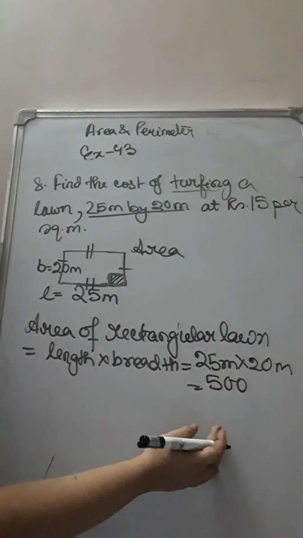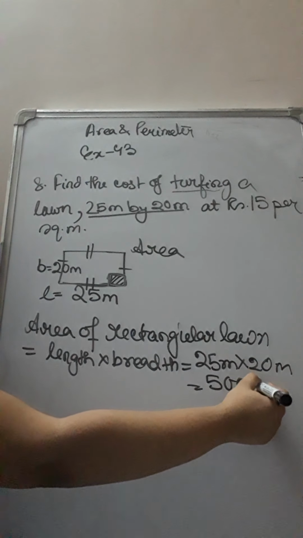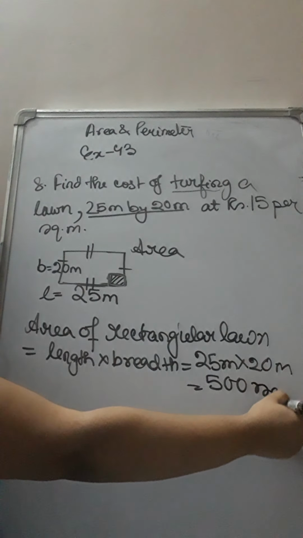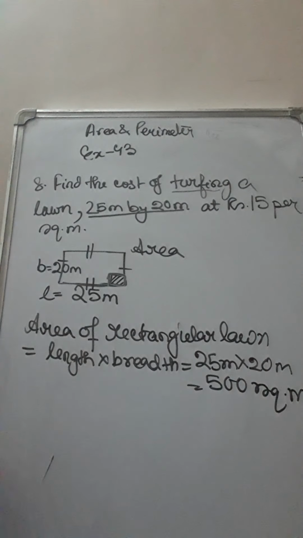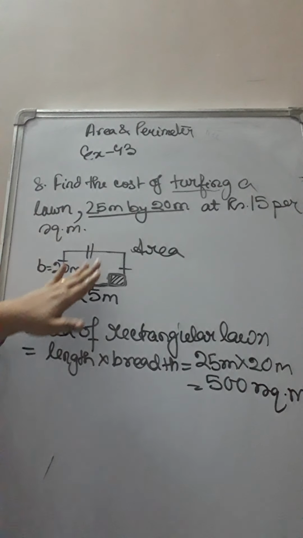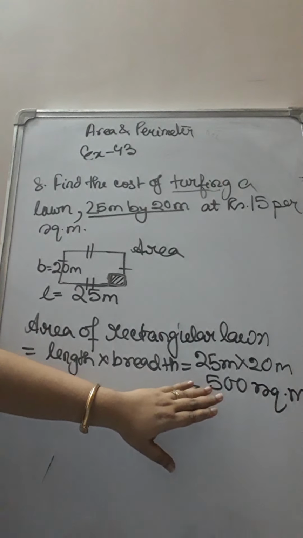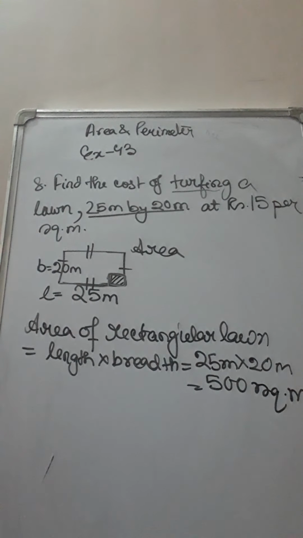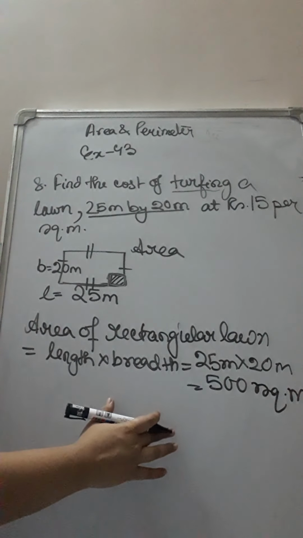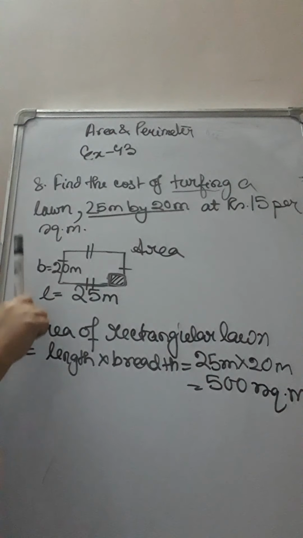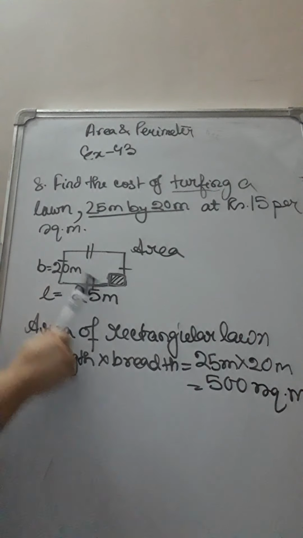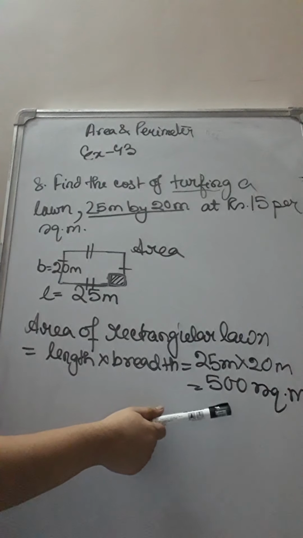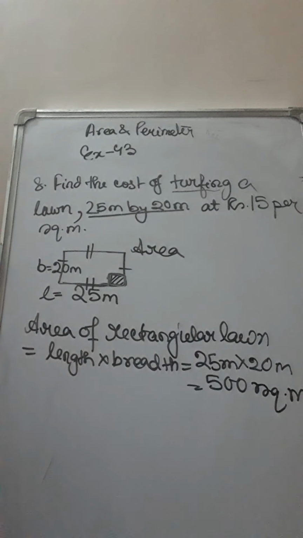When you multiply the numbers, meter into meter gives you meter square, or we can write square meters. So we have found the space entirely which is inside the garden. We have to turf or put grass in the entire lawn. Now we are not concerned with finding the area, rather what we have to find is the cost of putting grass in this entire space, a space of 500 square meters.